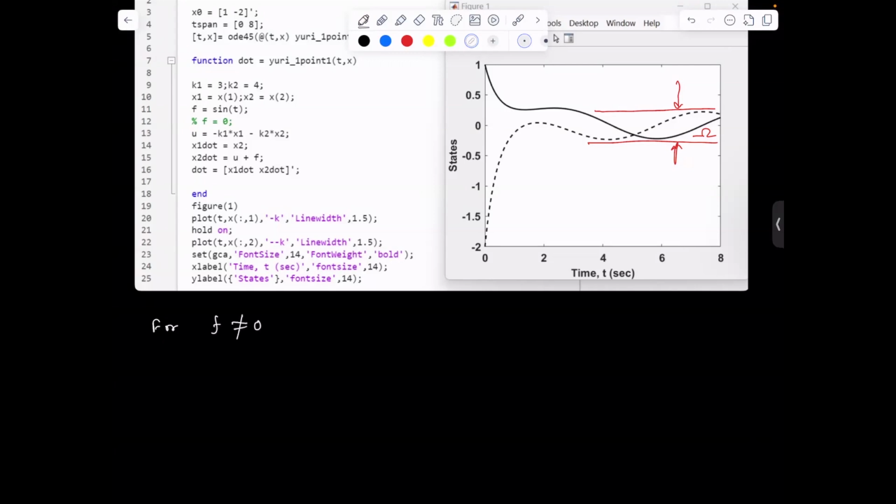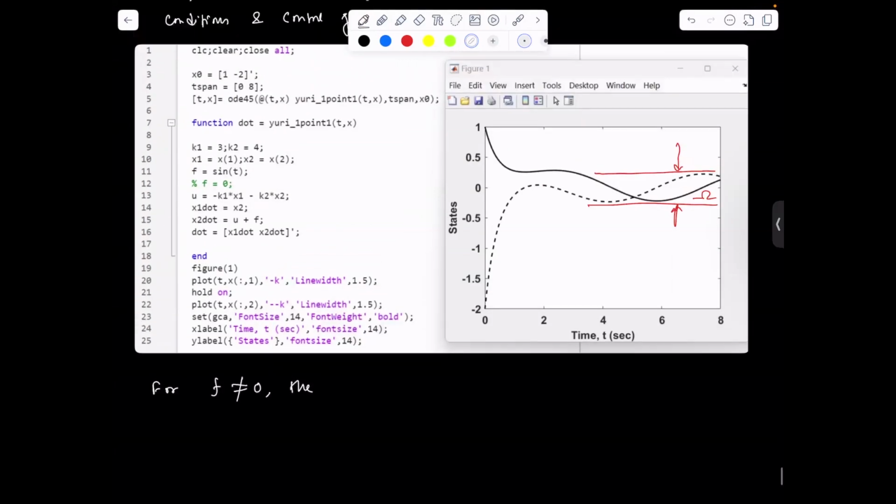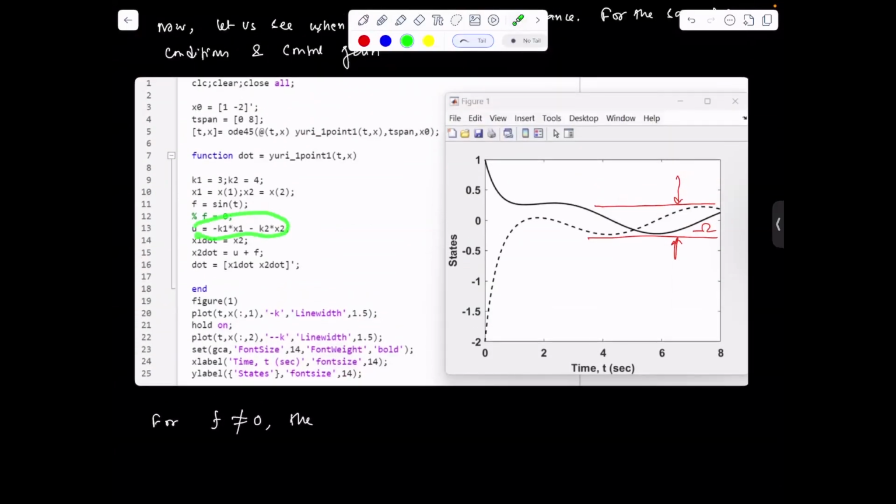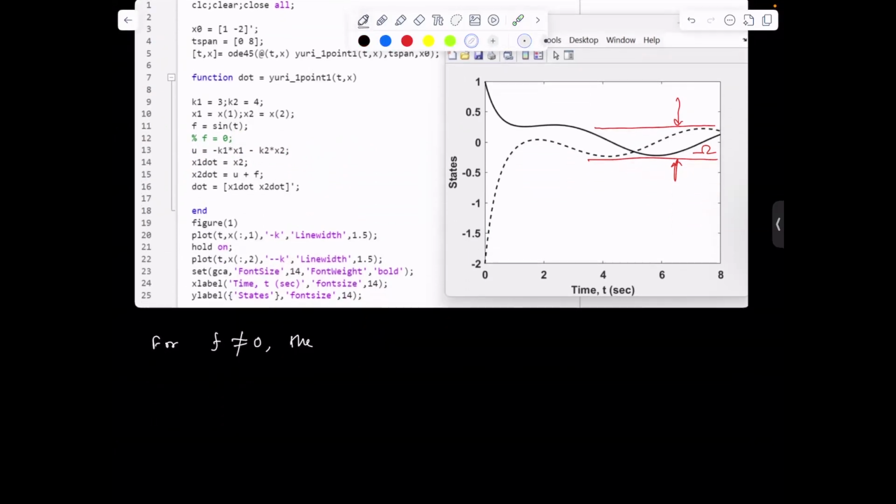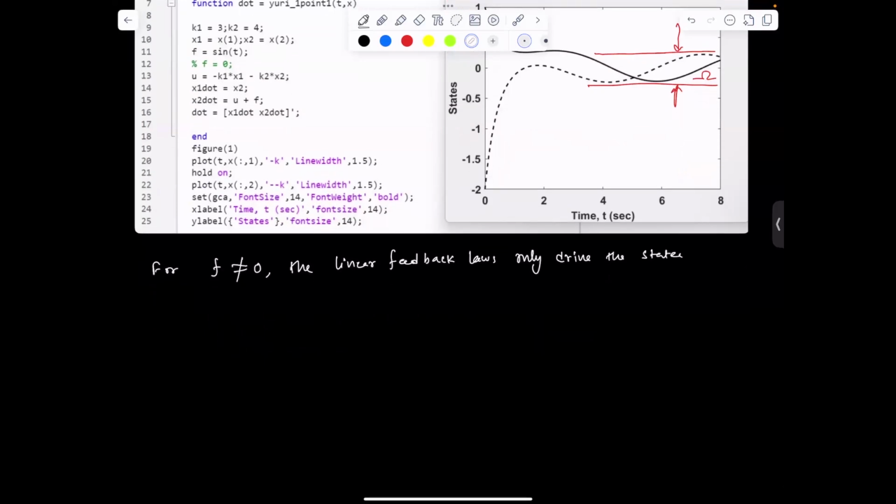So here we can write some notes. For f not equal to 0, because here we are using linear feedback control, what you have done in modern control, and because we have taken f equal to sine of t, the linear feedback laws only drive the states to a bounded domain.